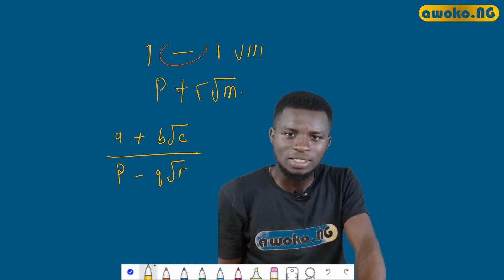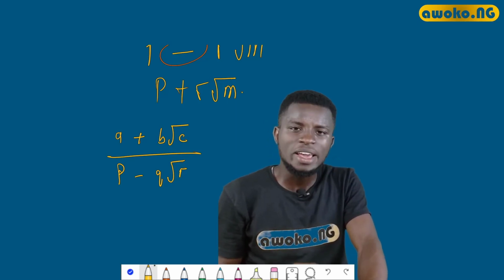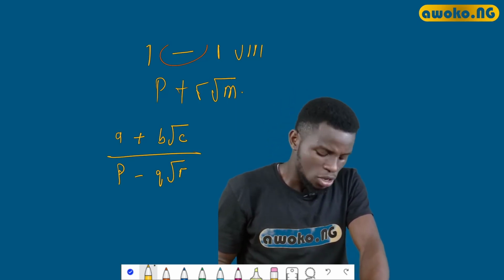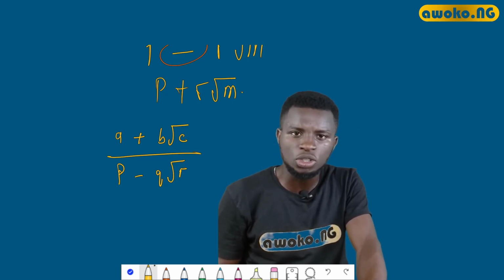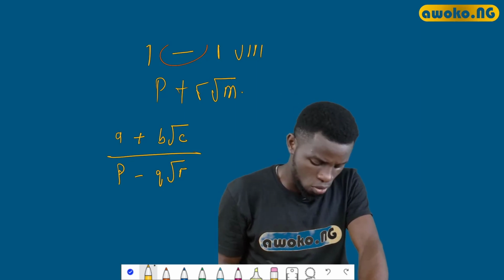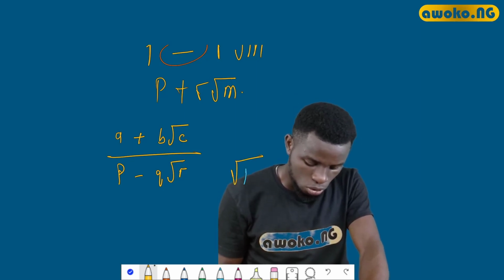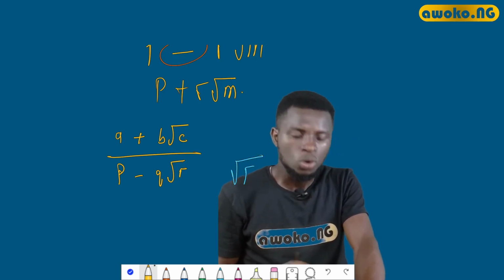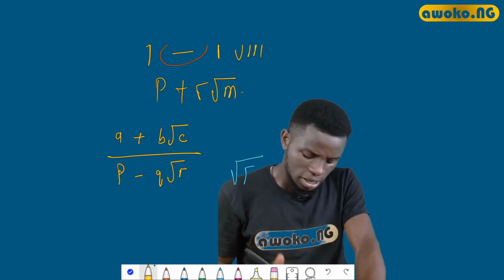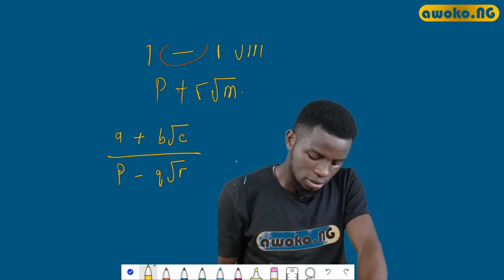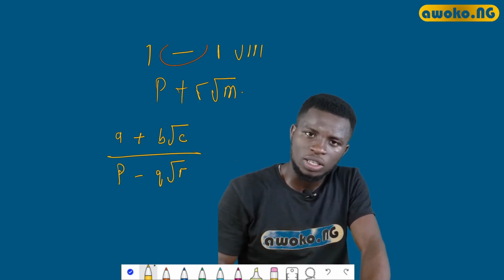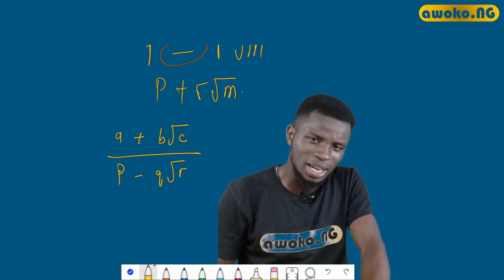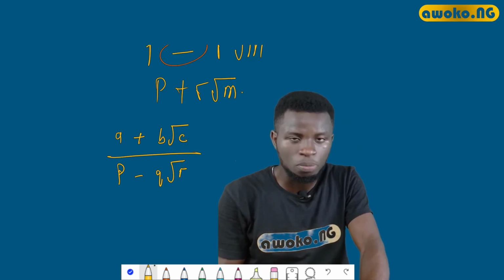The first step is to look for any means to eliminate the irrational part in the denominator. What is the irrational part in the denominator? Of course, it is the square root of R. So, how do I eliminate this part? The first thing is just to find the conjugate of the denominator. Our focus, like I said, is not the numerator, but the denominator.